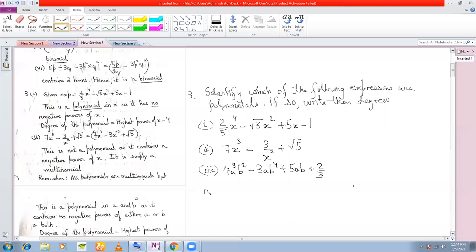And the last one is 2x square y minus 3 by xy plus 5y cube plus root 3. Okay, these four. So let's check which one of these are polynomials.